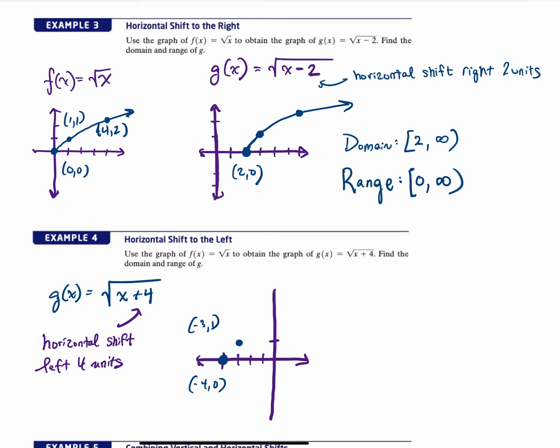And then for this point 4, 2, if I subtract 4 from x, I'll get 0, 2. That will be actually our new y-intercept. So 0, 2. If we plug in 0 for x, we get the square root of 4, which is equal to 2. So connect the dots, get our nice function here.